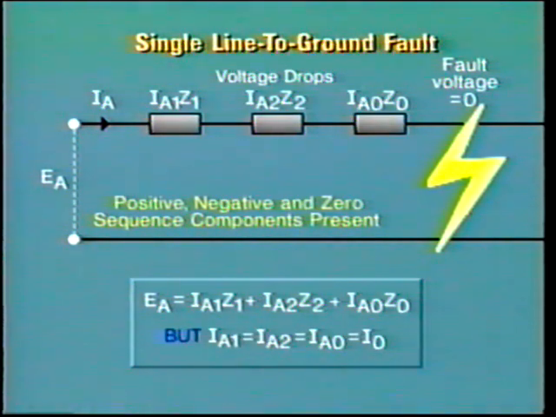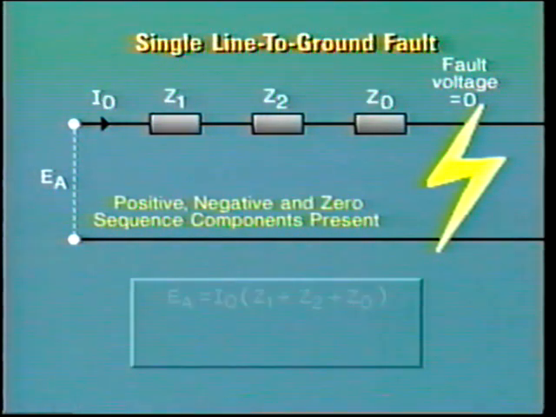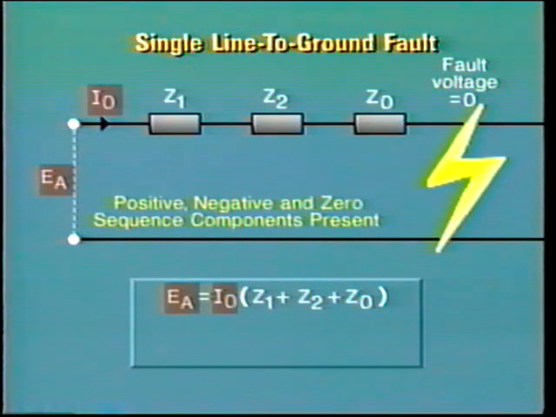But we have already discovered that IA1 equals IA2 equals IA0, or I0. Our impedance diagram now looks like this. EA equals I0 times Z1 plus Z2 plus Z0.